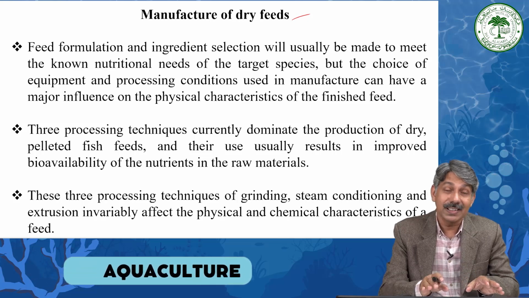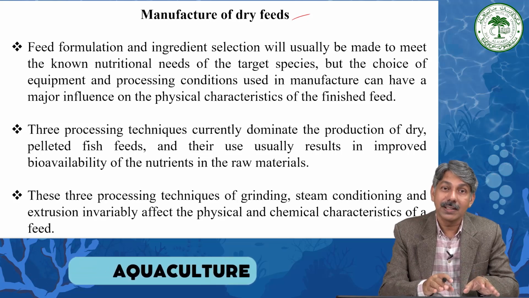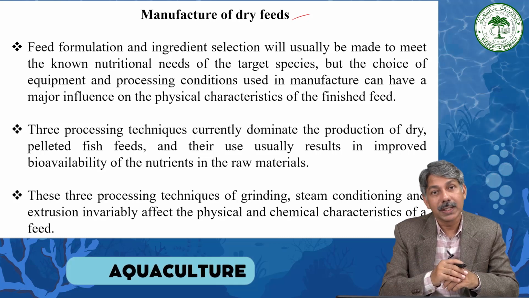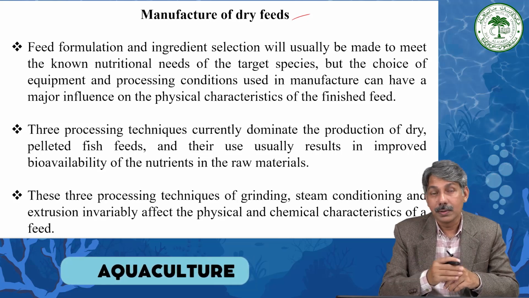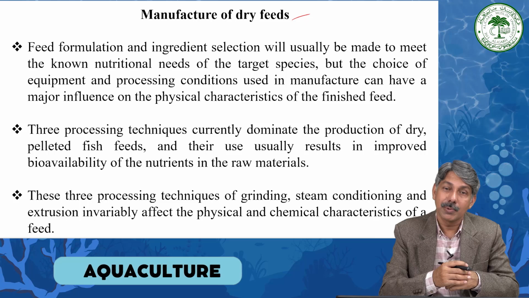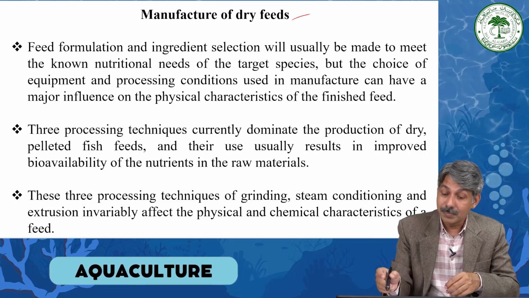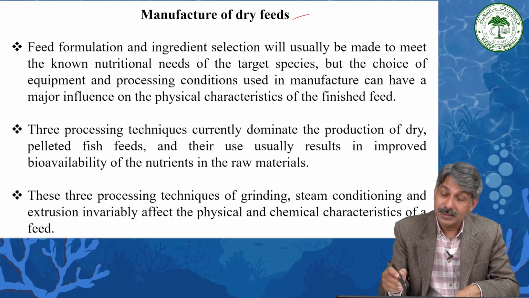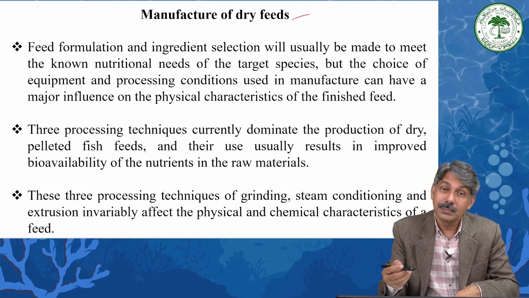But while preparing the diet, while mixing different ingredients and processing them for making the pellet or whatever type of feed you desire to produce, the manufacturing process can have a significant impact. The process as well as the equipment being used can have significant impact on what is being produced.